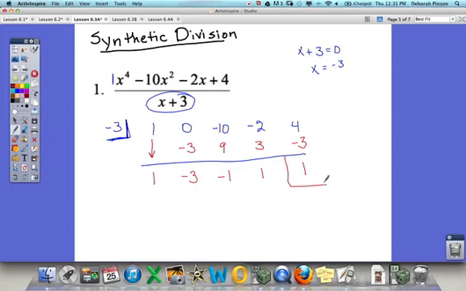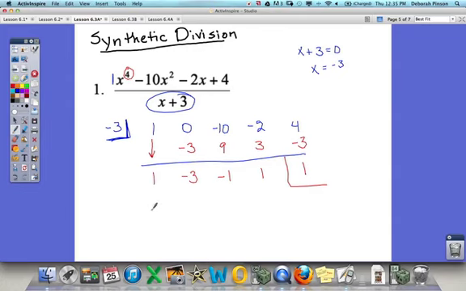Okay, when you go through and you write out your answer, this last number here that I kind of put this little box around, this is your remainder. And then this is your constant, x to the first, x to the second, x to the third. It's always going to end up being 1 less than the biggest exponent that you started with.